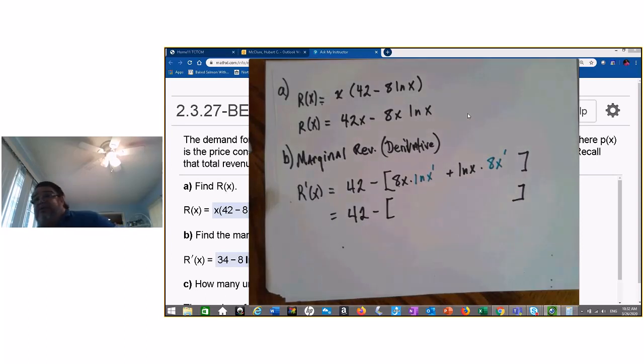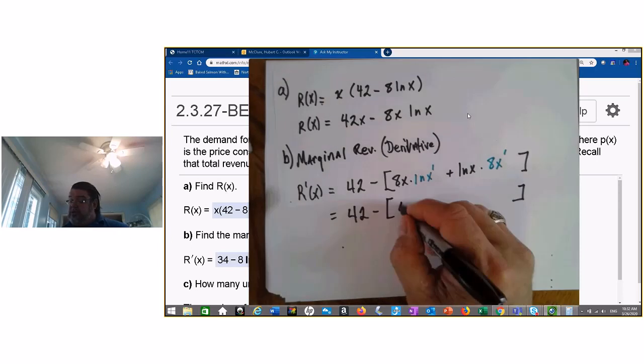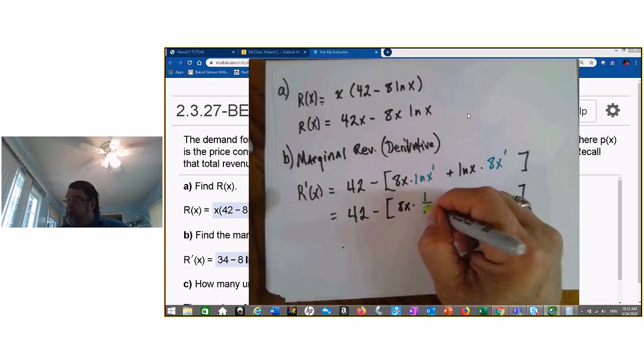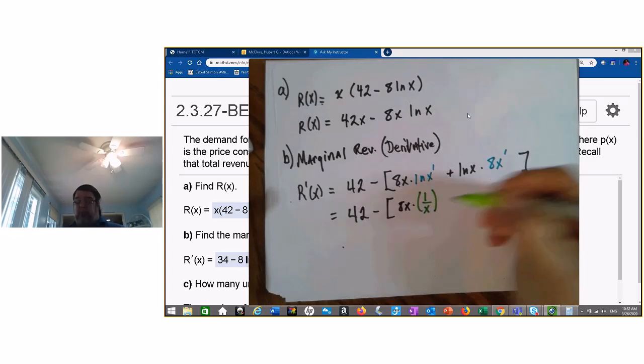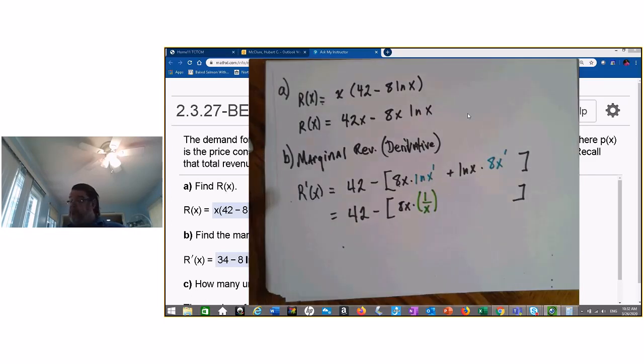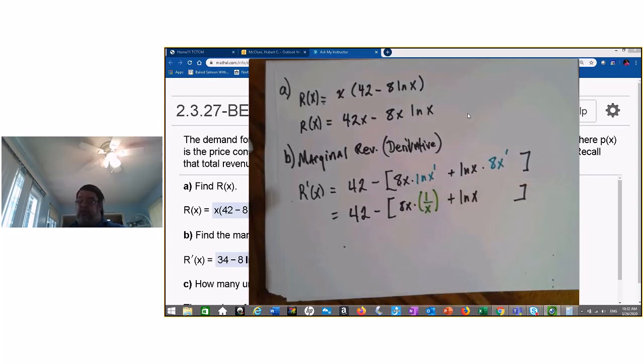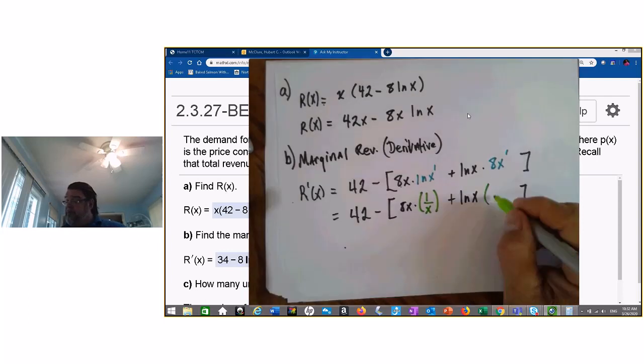Because what am I going to have to do at the very end? I'm going to have to distribute that negative, and it's going to change everything. So 8x times, what is the derivative of the natural log of x? 1 over x, Hubert. Plus the natural log of x. What's the derivative of 8x? 8. Thank you.